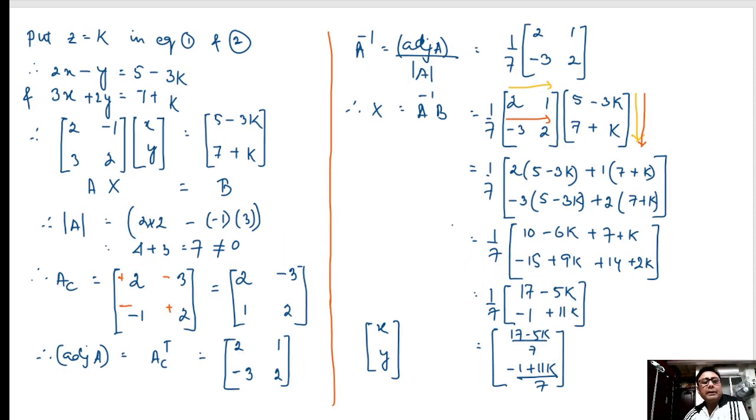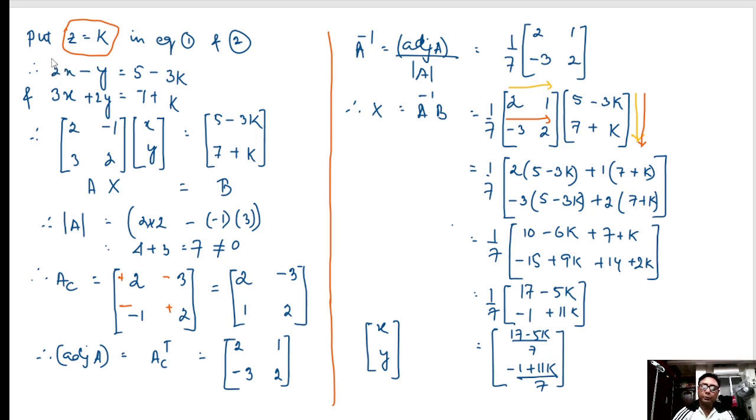Now how to find those many solutions? If it comes infinitely many solutions, how to calculate those infinitely many solutions? So please now note it, put Z equal to K in equation 1 and 2.